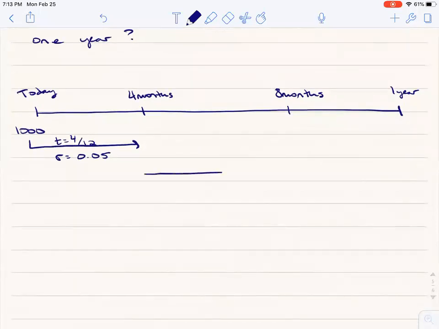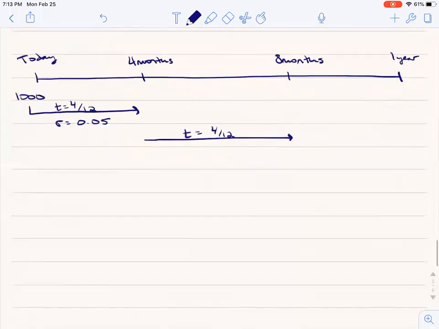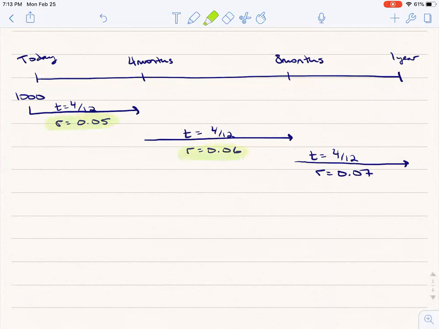Then from 4 months to 8 months, it sits there for another 4/12 of a year, and the rate is 0.06 now. Finally, from 8 months to a year, another 4/12 of a year, and the rate is 0.07. I'll just highlight that these are the ones that are changing, so we don't have a continuous rate.